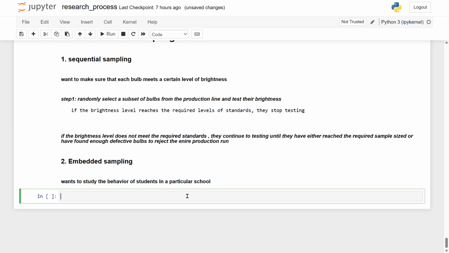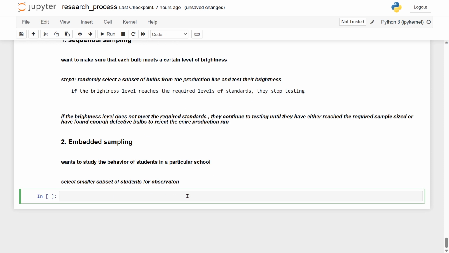So now the researcher decides to use embedded sampling to select a smaller subset of students for observation. So he has decided to select a smaller subset of students for observation.